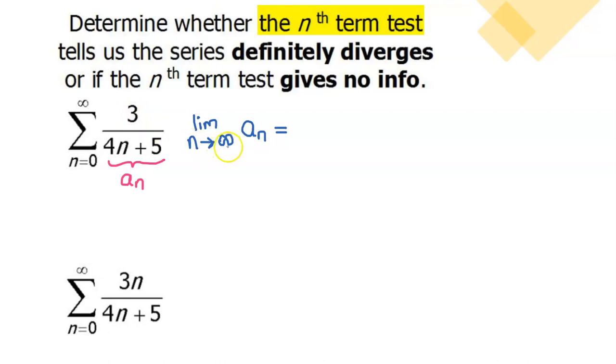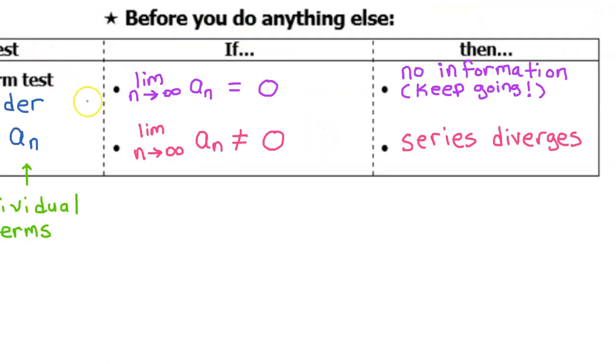As n approaches infinity, the denominator will get bigger and bigger and bigger. Therefore, the overall value of the expression gets smaller and smaller and smaller, and the limit is 0. The value of the rule is approaching 0. But the nth term test says that if the limit equals 0, it gives us no information. We just have to keep going.